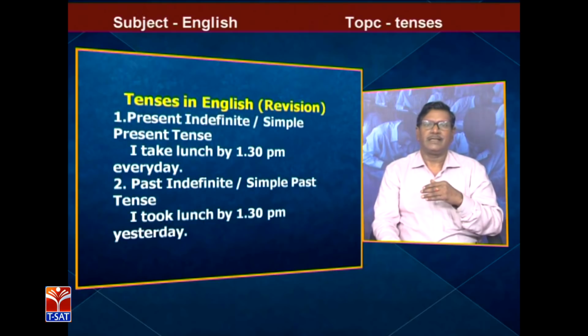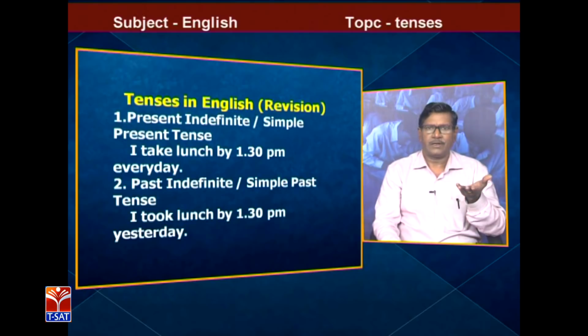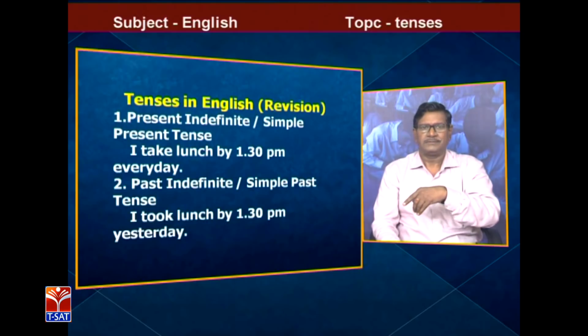Now, tenses in English, let us revise. First one, present indefinite or simple present. For instance, I take lunch by 1:30 p.m. every day. Past indefinite or simple past tense. I took lunch by 1:30 p.m. yesterday. Future indefinite or simple future. I shall take lunch by 1:30 p.m. tomorrow.